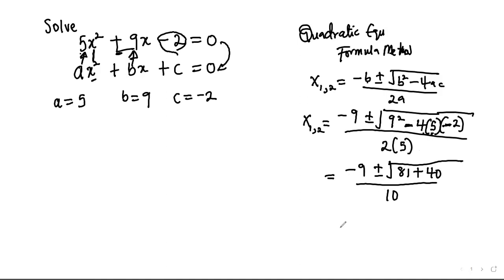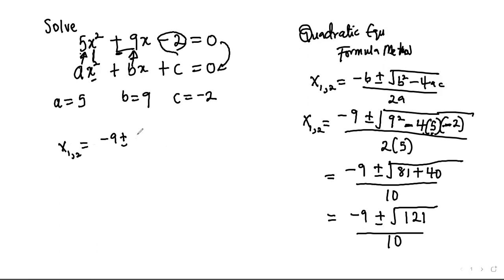From here we have minus 9 plus or minus the square root of 81 plus 40, which gives 121, all over 10. So now x1,2 is equal to minus 9 plus or minus the square root of 121, which is actually 11, all over 10.